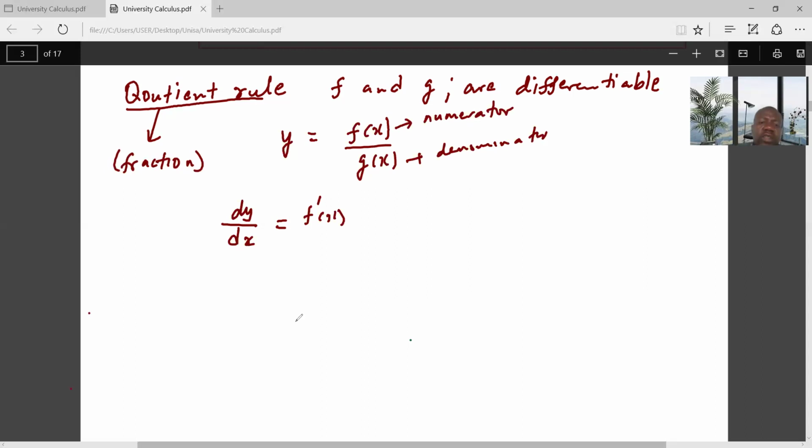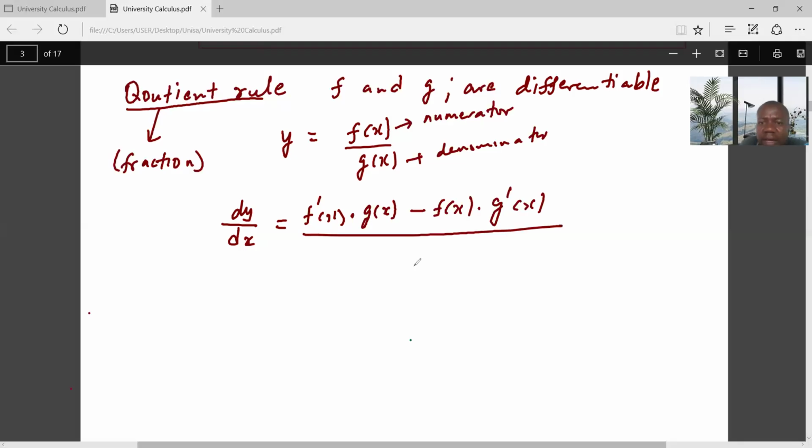So according to the quotient rule, you take your numerator, differentiate it, then multiply it with the denominator, which is the g, without differentiating. Then minus the f, which you do not differentiate, multiplied by the derivative of the g. Then everything divided by g of x all squared. This is according to the quotient rule.